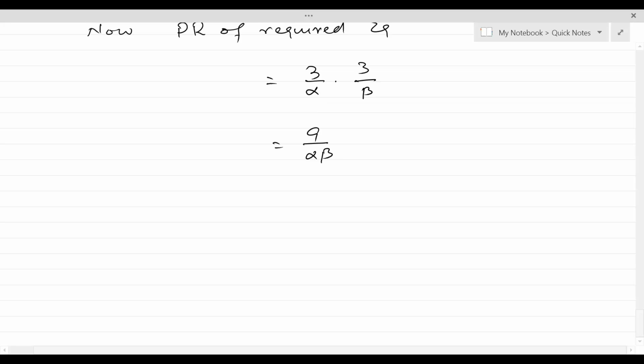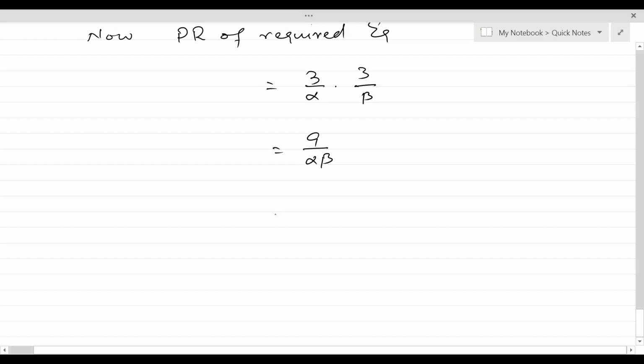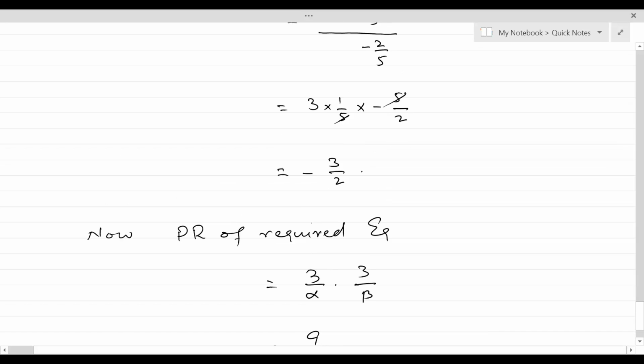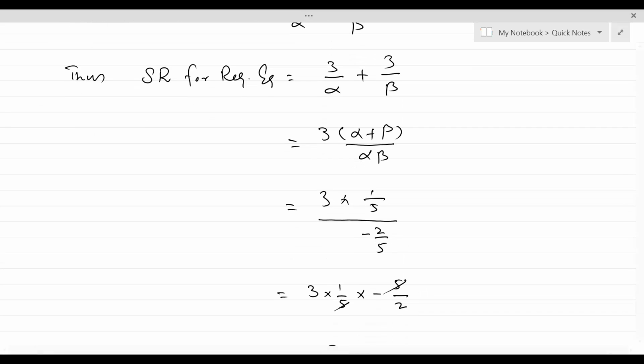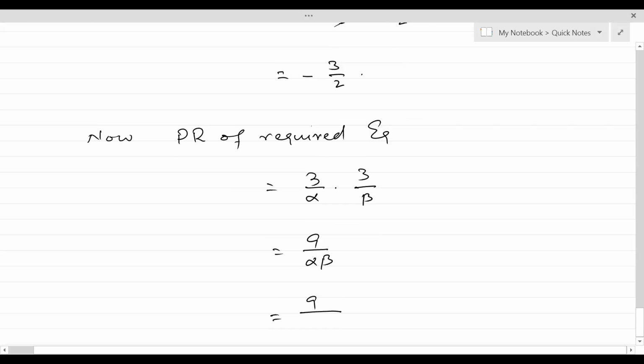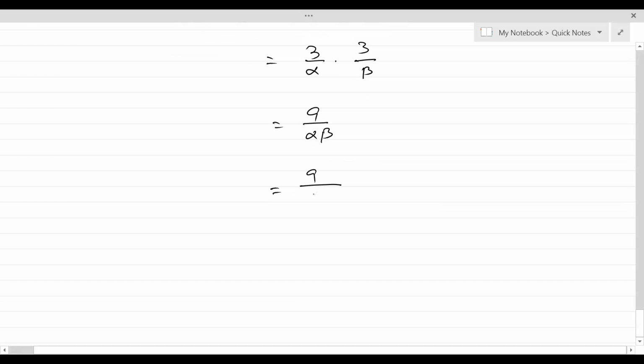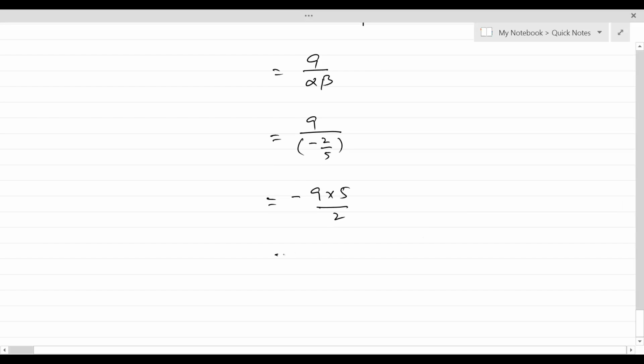So now we can put the value of alpha into beta that we just calculated, which is minus 2 over 5. So this is equal to minus 9 times 5 over 2, which means minus 45 over 2.